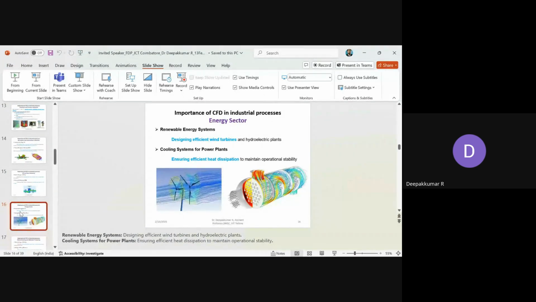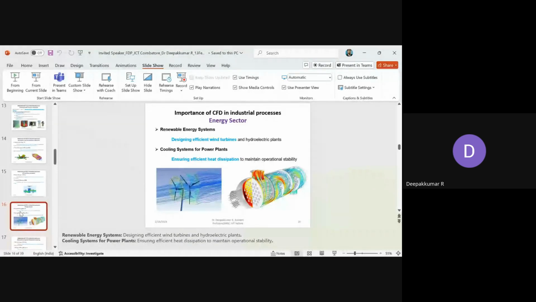So either renewable energy systems or a conventional way of producing energy through natural gas or coal power plants or any other petroleum-based power generation sectors, whatever it may be. In the energy sector, CFD plays many roles in each and every component where the fluid exists. As already mentioned, wherever fluid exists, the CFD application you can find, either in liquid or gaseous form.